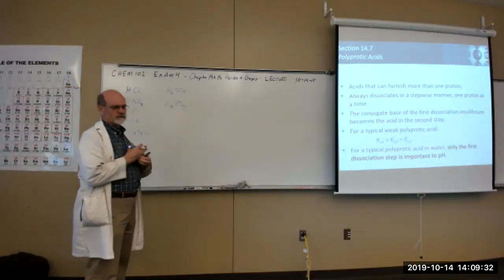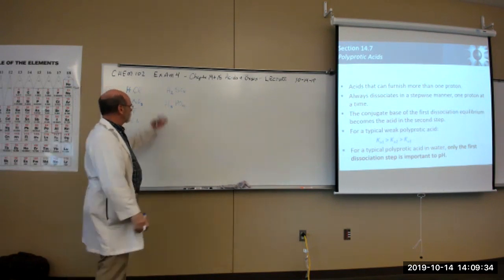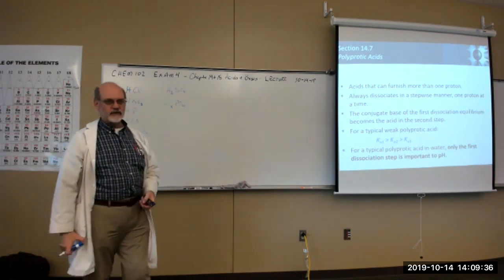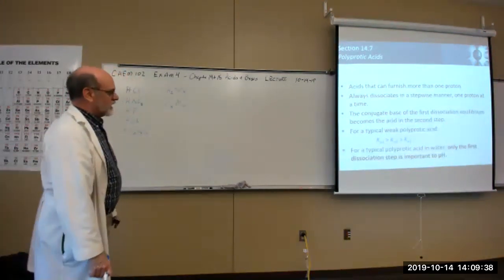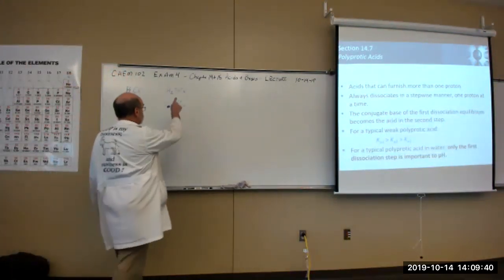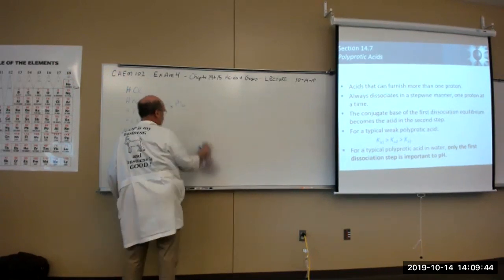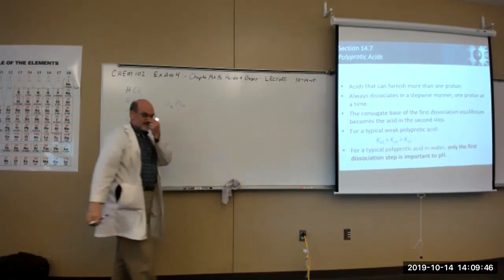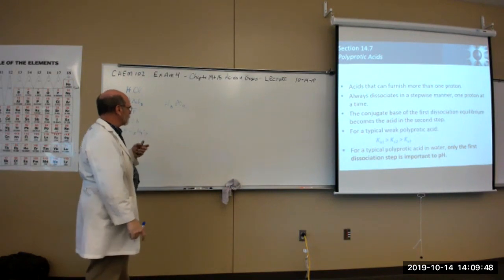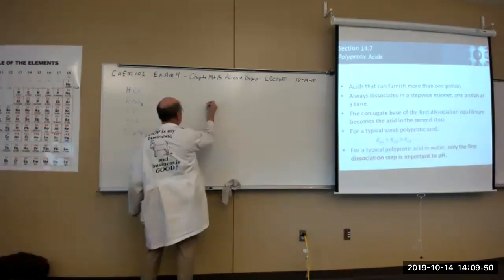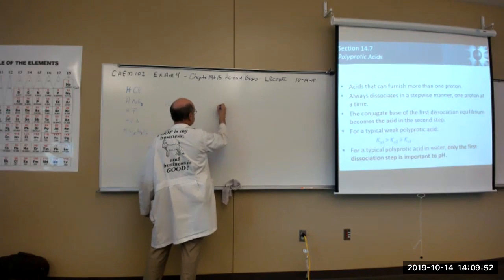Some have 4. They're rare. So these are where we're going to concentrate our efforts. Now, each one of these, let's take the phosphoric because it has 3. So what happens in solution? Well, it can do this.